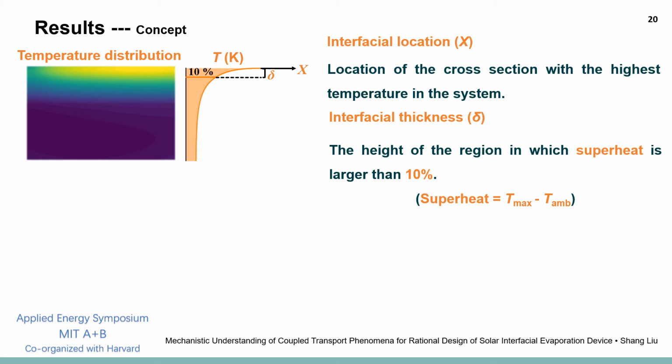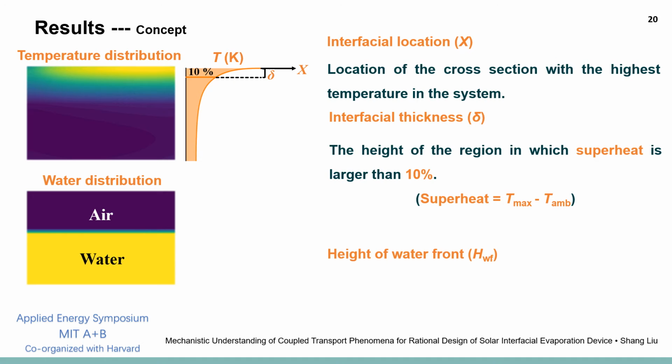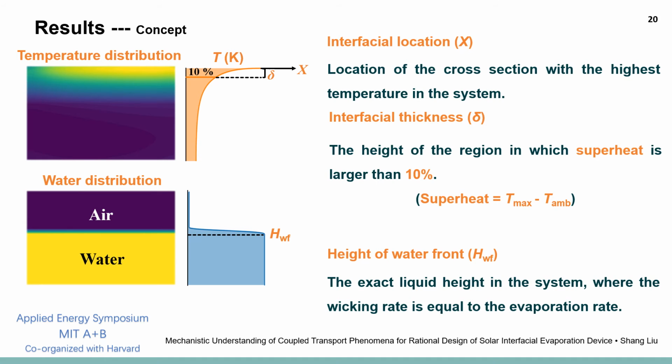The superheat here refers to the temperature difference between the highest temperature in the system and the far-field ambient temperature, and the height of the waterfront is the exact liquid height in the system where the wicking rate is equal to the evaporation rate.